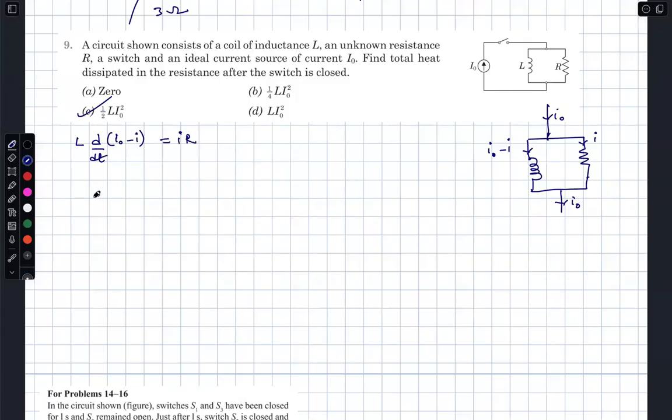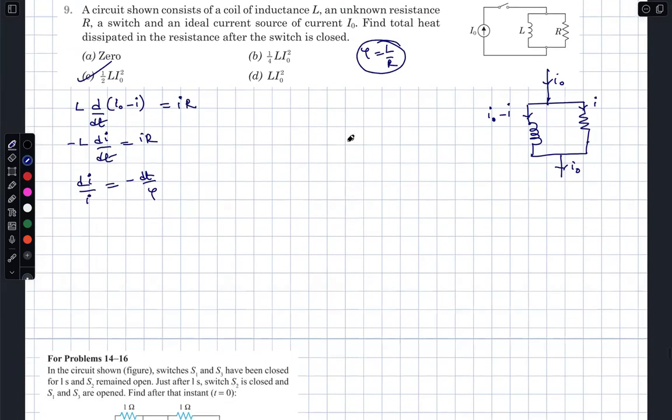So with this I can say minus L di by dt is IR. With this I can write di by I is minus dt by tau, where tau is L by R. And what is the initial value of I?